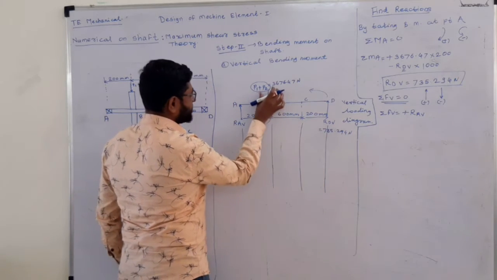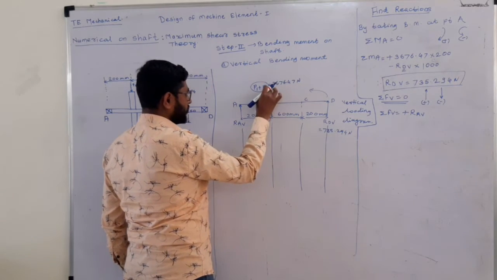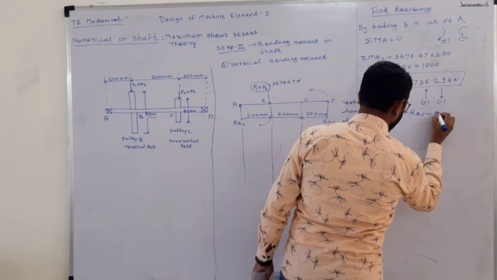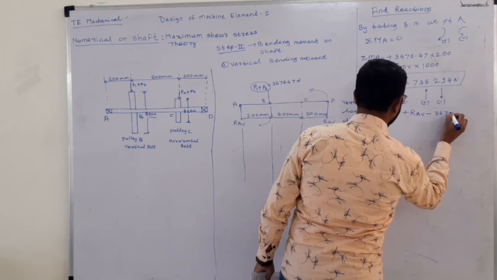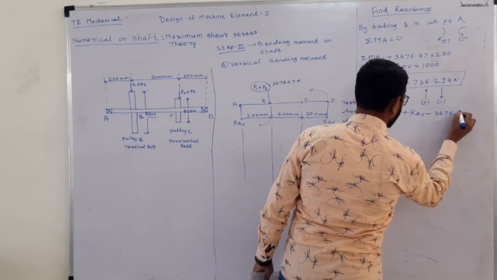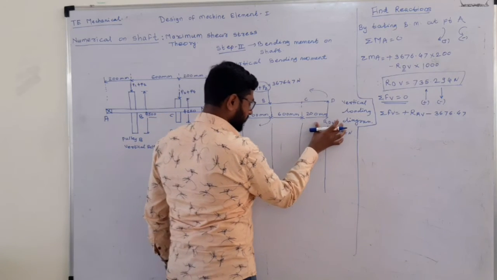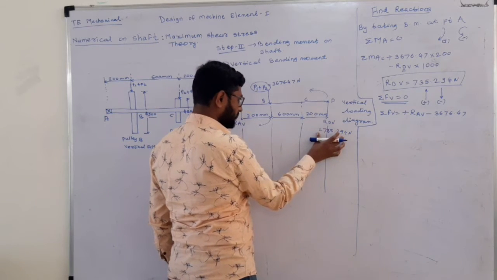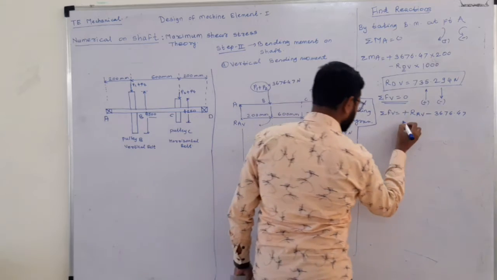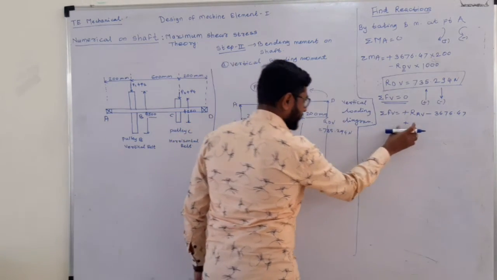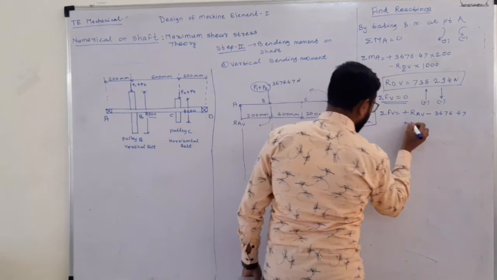Another force, 3676.47, goes downward, so we consider a minus sign, and the remaining force RDB is acting upward, so its magnitude 735.294 is positive.